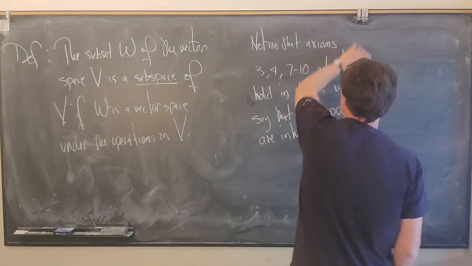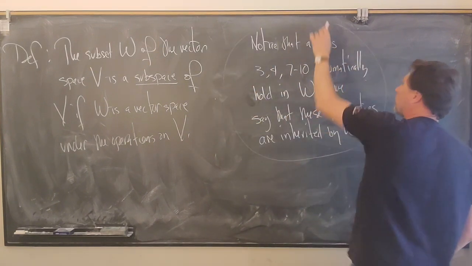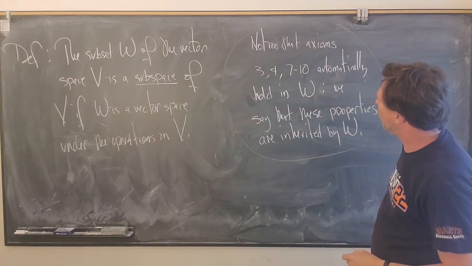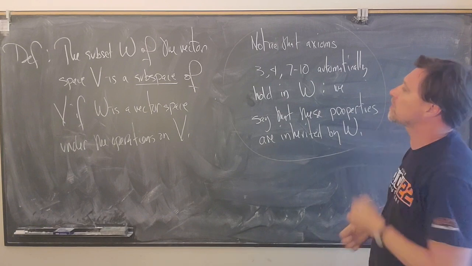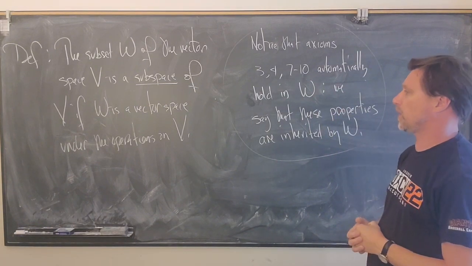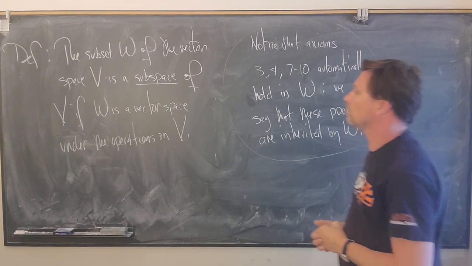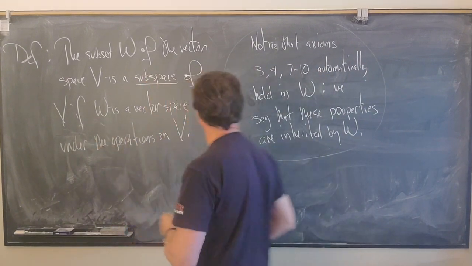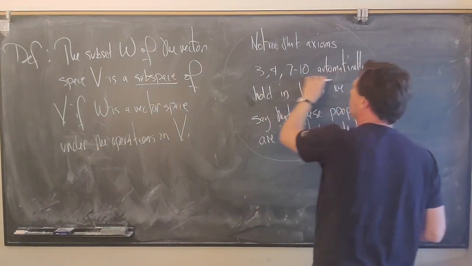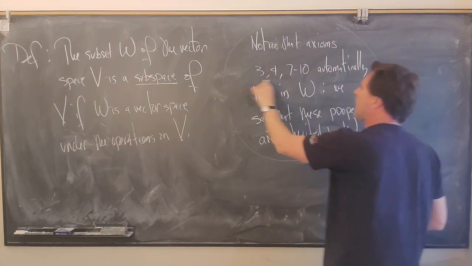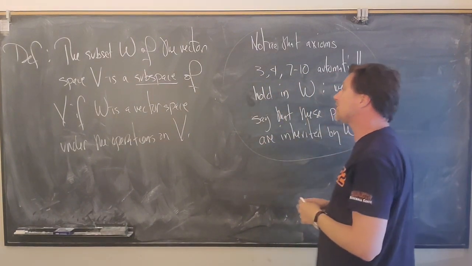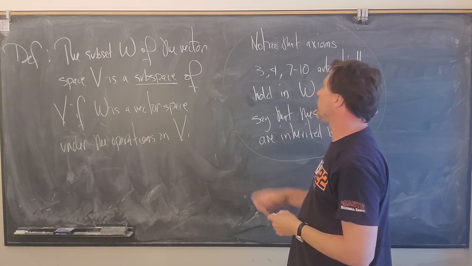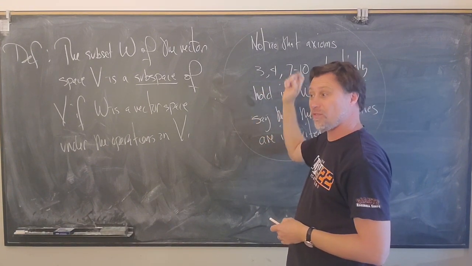And this is important right here. If we know that V is a vector space, and we have a subset, we don't need to check these axioms right here. To show that we've got a subspace, what we'll need to do is check axioms 1, 2, 5, and 6.